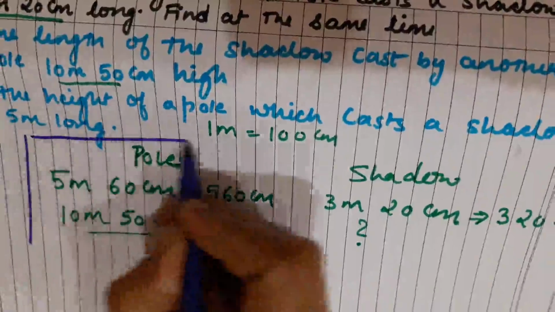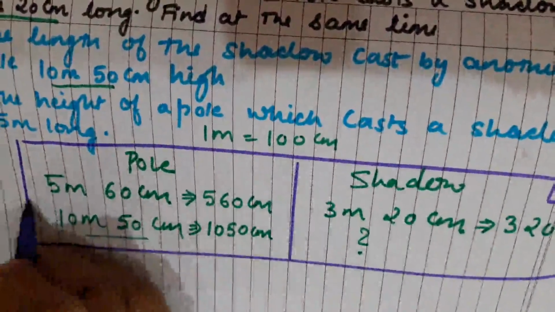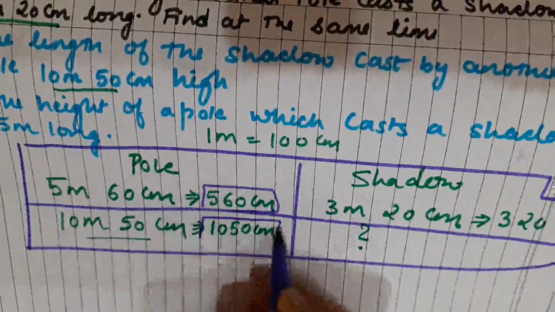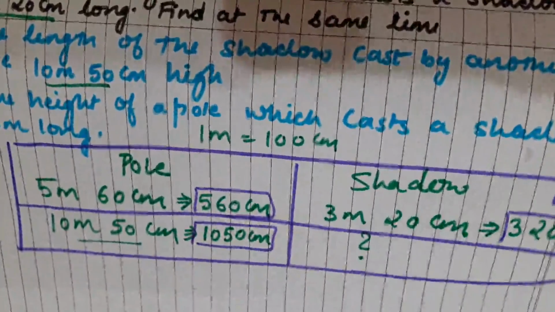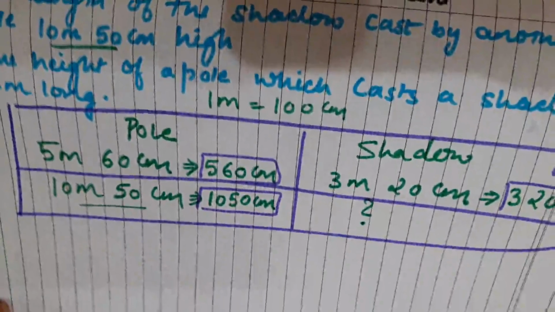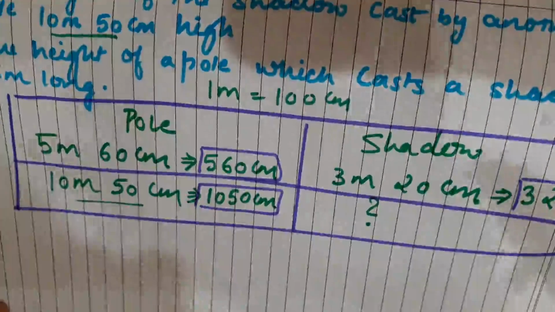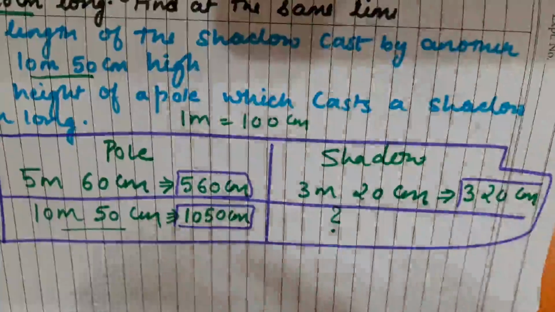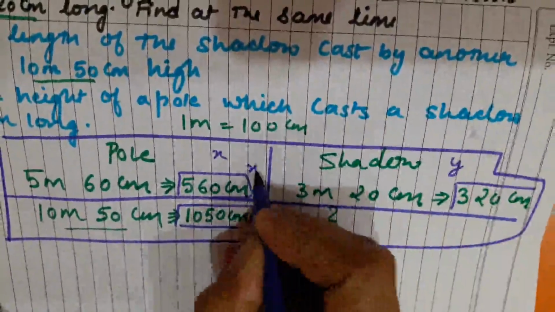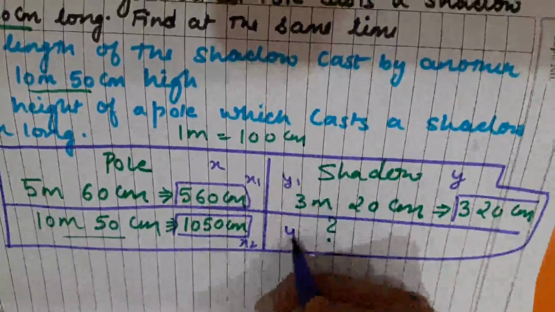So this will be your table. Okay, so 560 centimeter, 1050 centimeter, 320 centimeter. So we are going to take these centimeter values. Okay, now this is x and this is y. x1, x2, y1, y2.